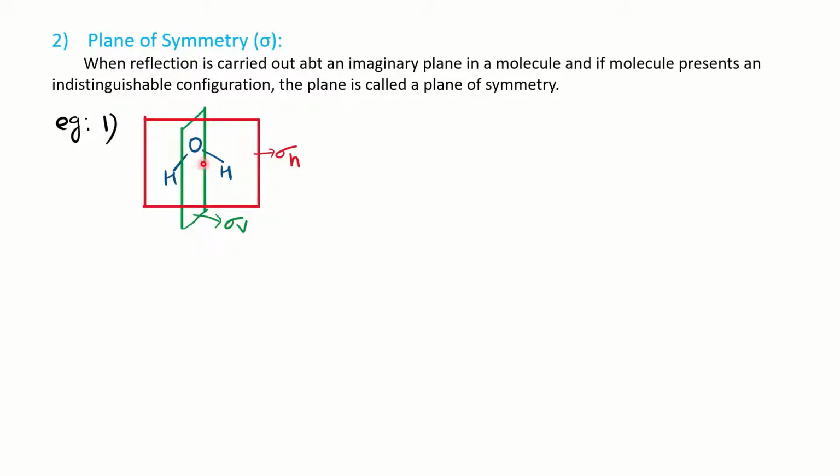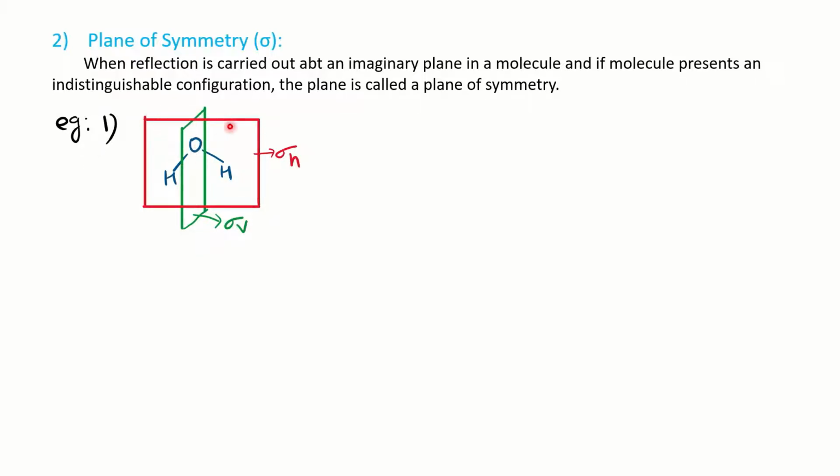If you have any imaginary plane here, you can consider it like a mirror. You can notice, if you have a mirror with respect to the oxygen, it represents the indistinguishable configuration. So it has one vertical plane which contains the principal axis. A vertical plane always contains the principal axis. We have the C2 axis in this plane only.